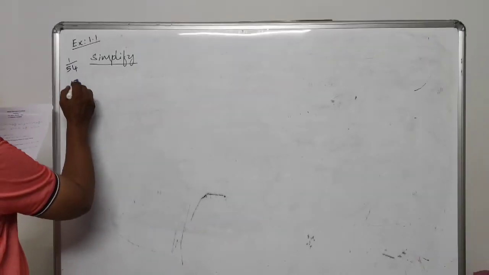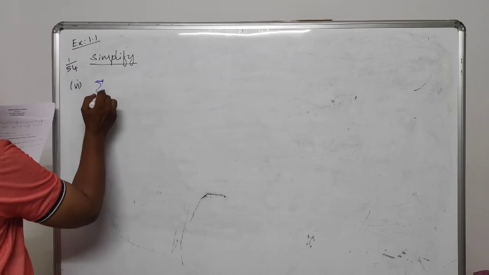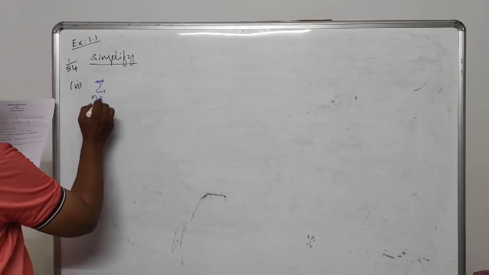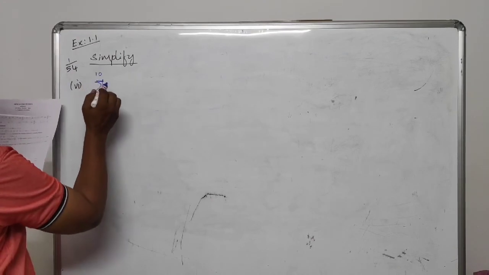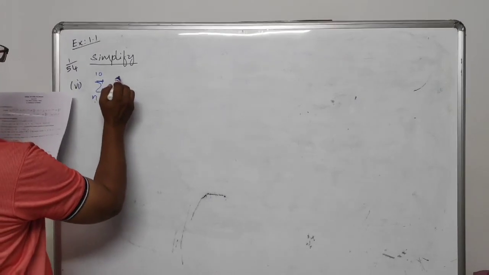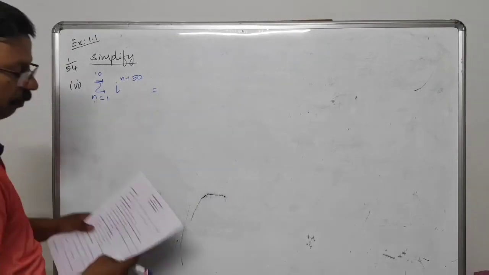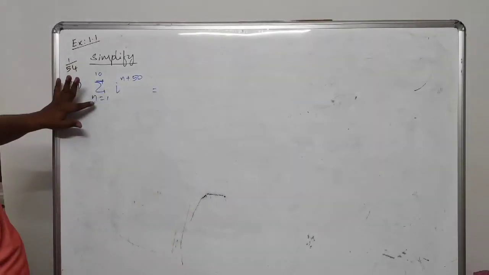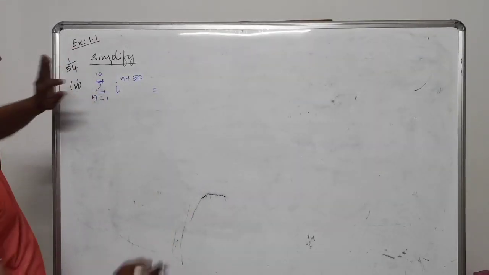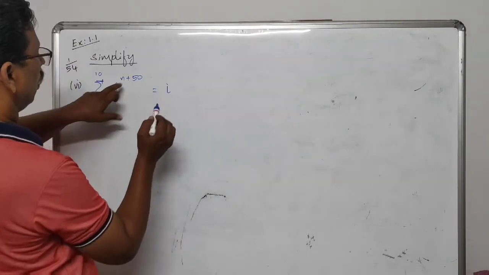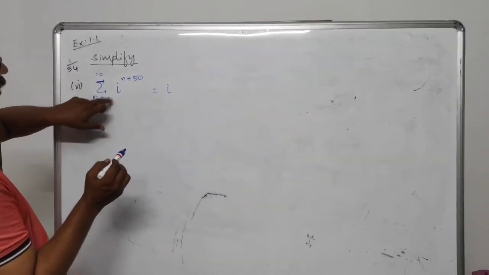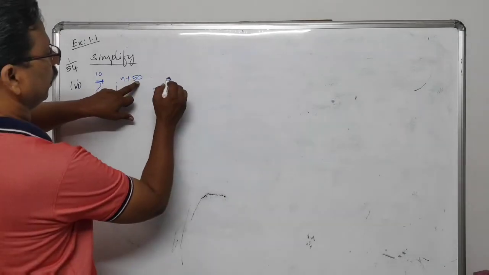Sixth solution, that is summation n ranges from 1 to 10 of i^(n + 50). Here also I have to take the values of n from 1 to 10. Therefore, let us take i^(n + 50): n equal to 1 gives 1 + 50 equal to 51.